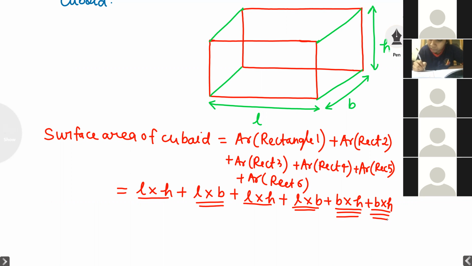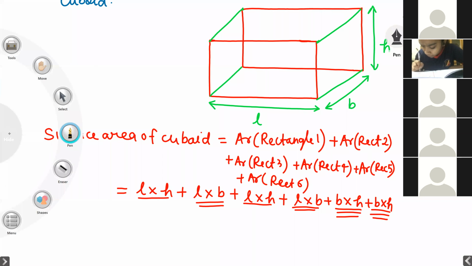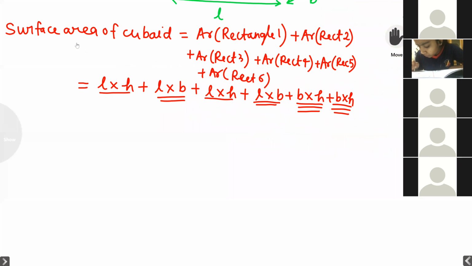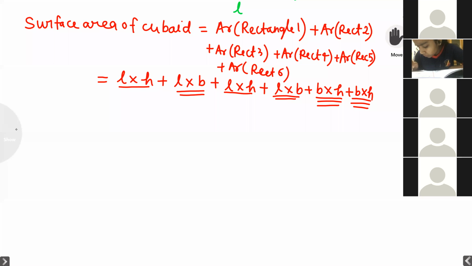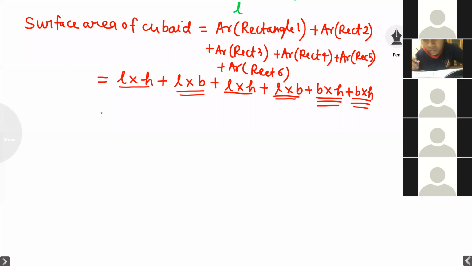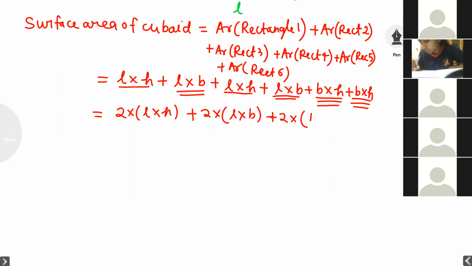Now surface area of cuboid is equal to twice into L into B plus twice into L into H plus twice into B into H. Now 2 I am taking common.